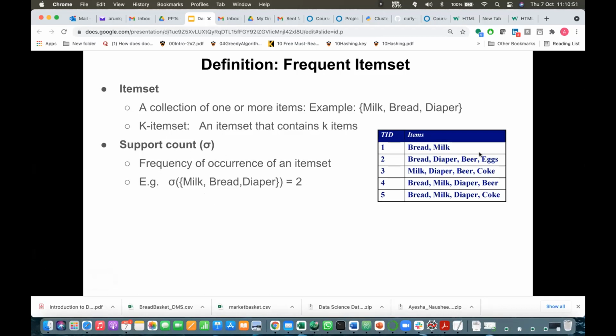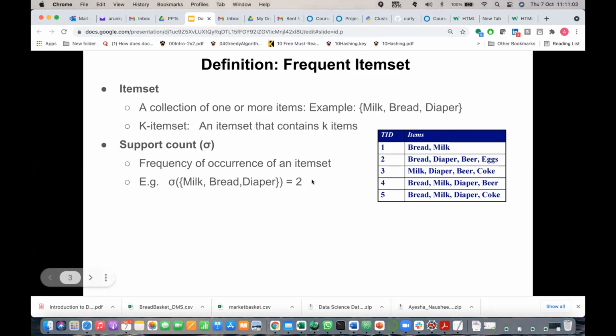Example, you see the data set on the right side. What is the support for milk, bread, diaper? You see all the transactions and find out in how many transactions you find these three together. Milk, bread, diaper. The first one is not there. The second one is also not supporting this item set. What is missing in the second one?